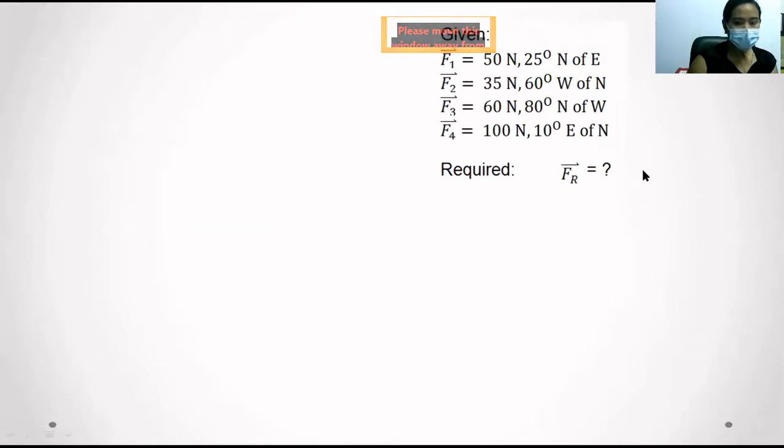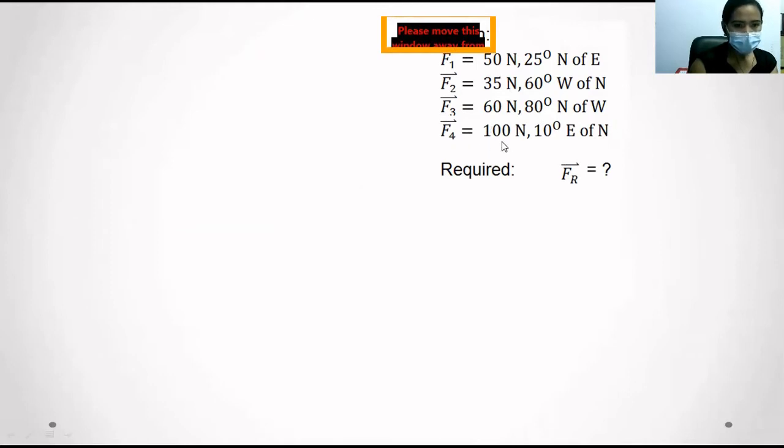So given in the problem are as follows. F sub 1, 15 newtons 25 degrees north of east. F sub 2, 35 newtons 60 degrees west of north. F sub 3, 60 newtons 80 degrees north of west.